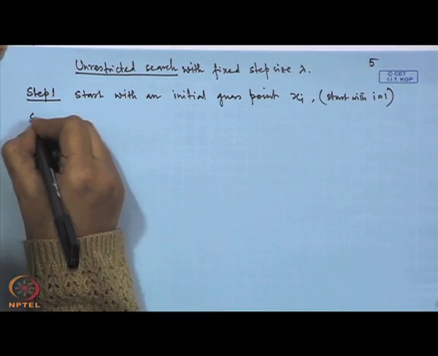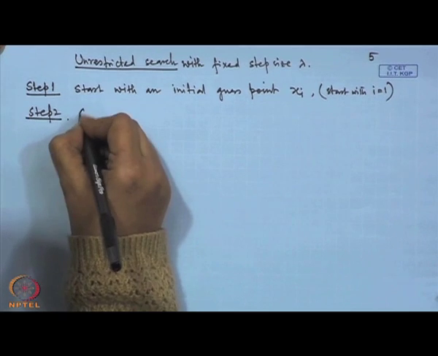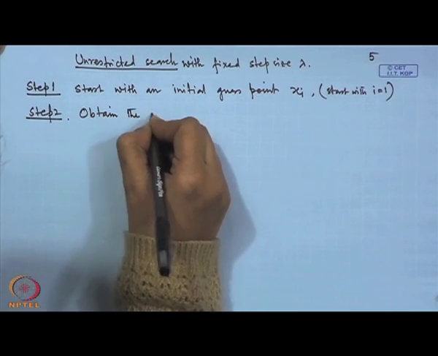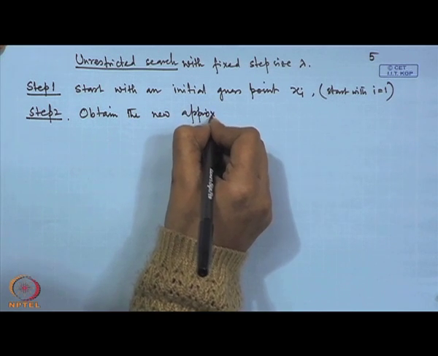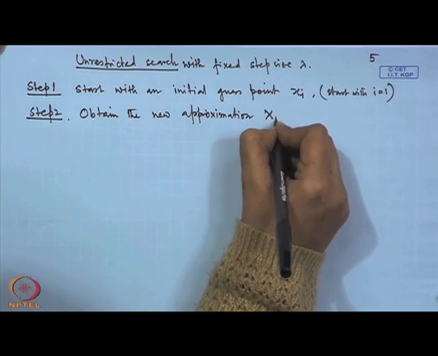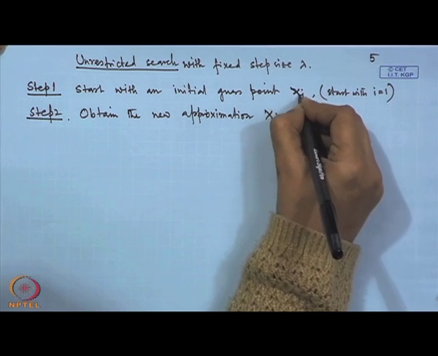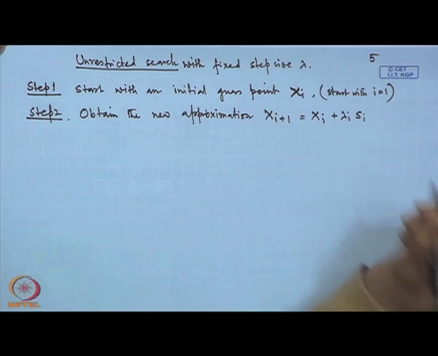Next step, obtain the new approximation. How? With the same technique. That x(i+1) is equal to xi, let me take it capital X, xi plus lambda i into si.